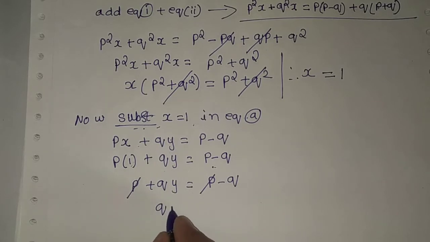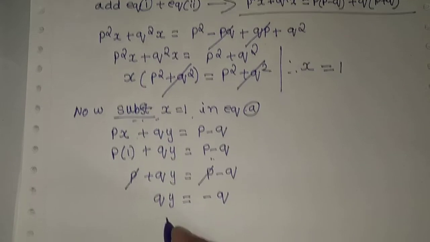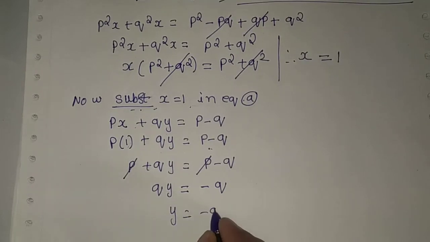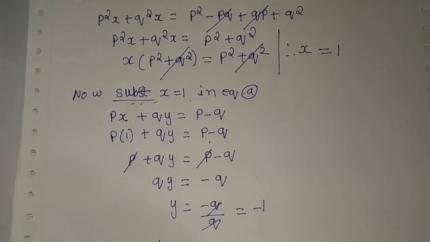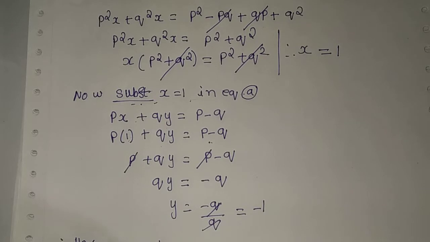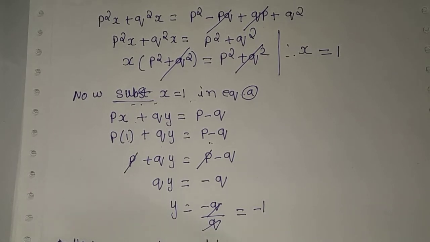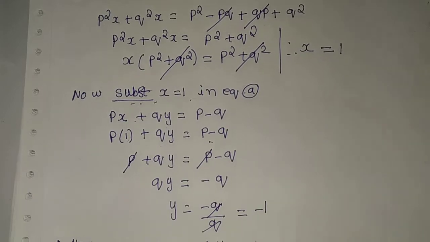Then we have Qy = -Q. Therefore y = -Q/Q, Q cancels, we get -1. Hence x = 1 and y = -1. So this is the solution for the first subproblem.